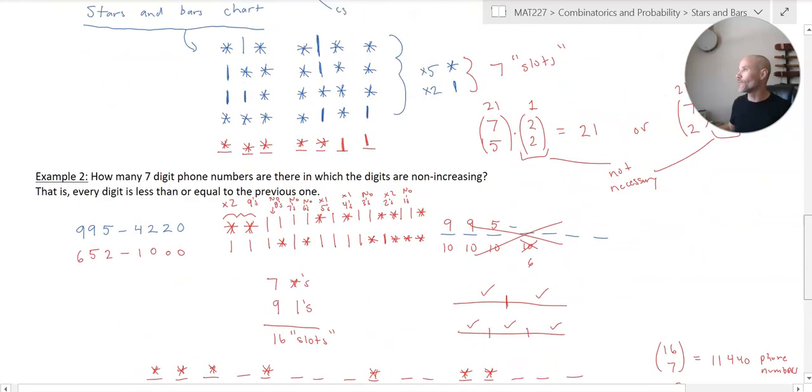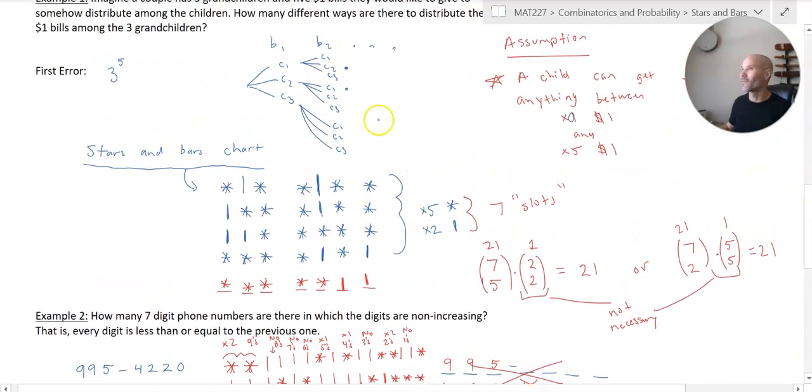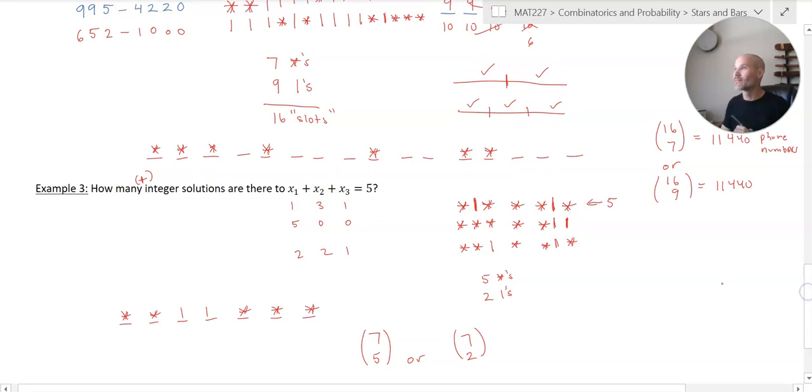Now, interestingly, if you compare this to our first problem, it's exactly the same problem, just a different context. Instead of having 3 grandchildren, we have 3 variables. And instead of having 5 $1 bills, well, we have that there are 5 stars where each star represents 1 unit.